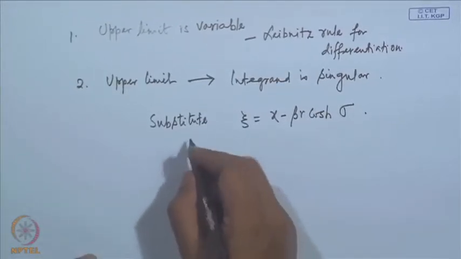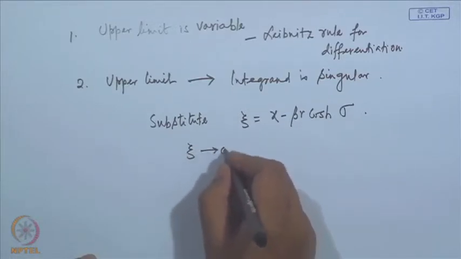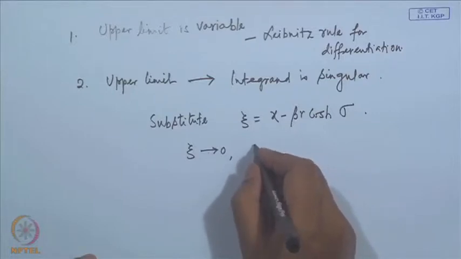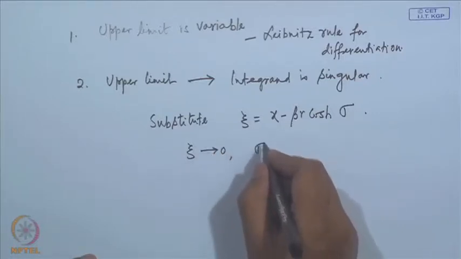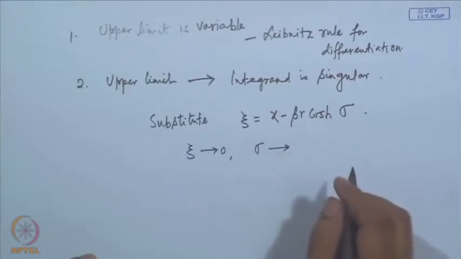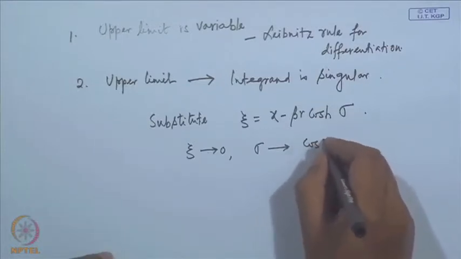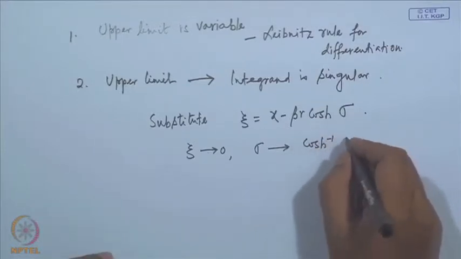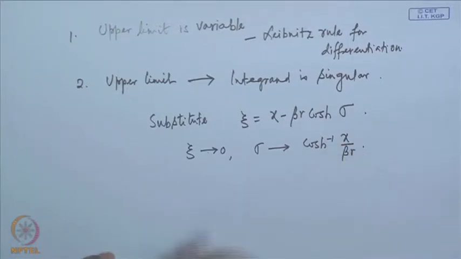Then when xi is 0, sigma goes to cos hyperbolic inverse x by beta r.